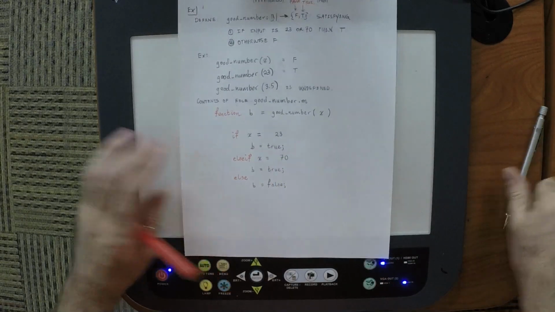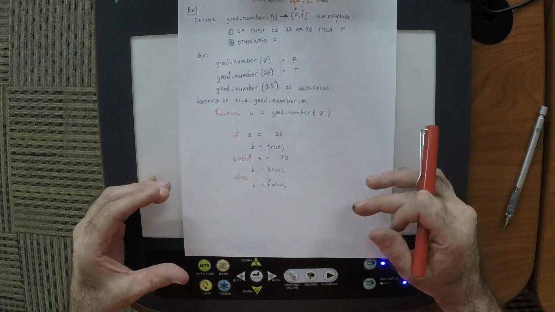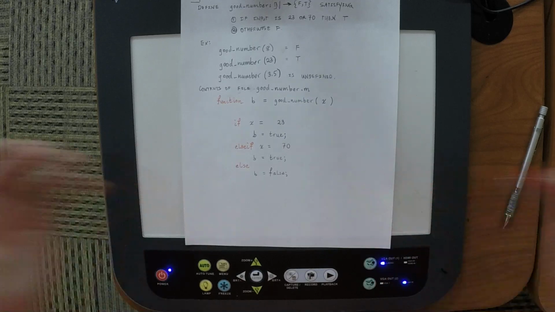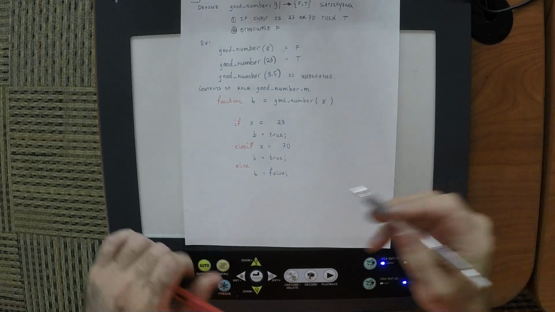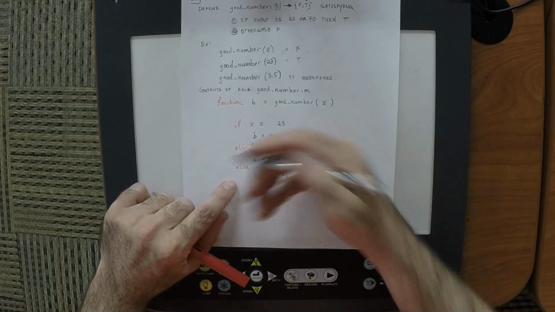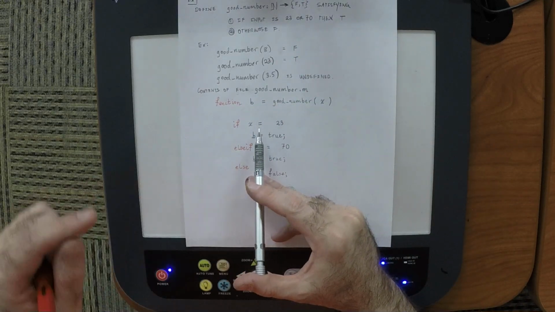Now there's a bunch of errors in this code here. So who would care to say one of the errors? Yeah? Very good. So I take it to mean you're pointing at that. Okay, good.